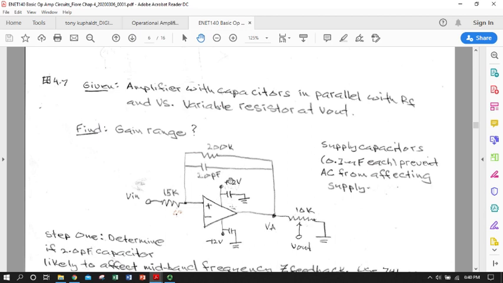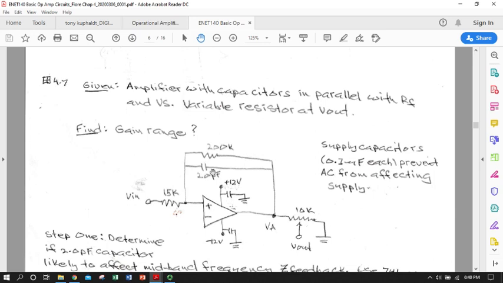And we have a 2 picofarad capacitor in parallel with our feedback resistor. That's a pretty small capacitor, but theoretically, if we had a high frequency input signal, it might be able to flow through that capacitor and bypass the feedback resistor.